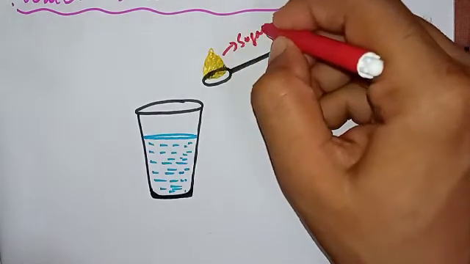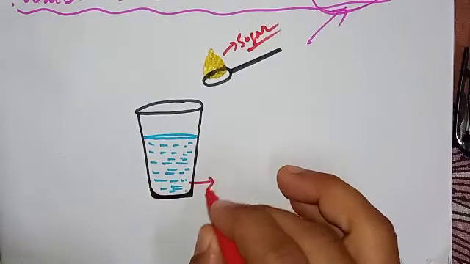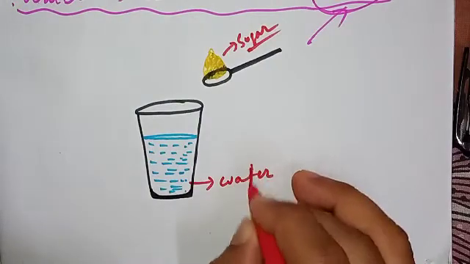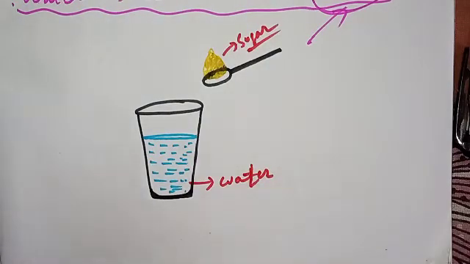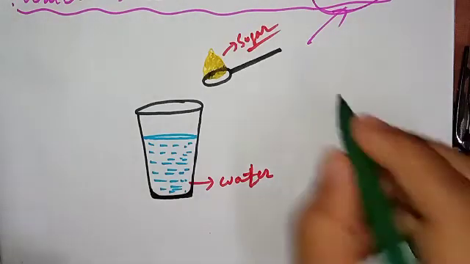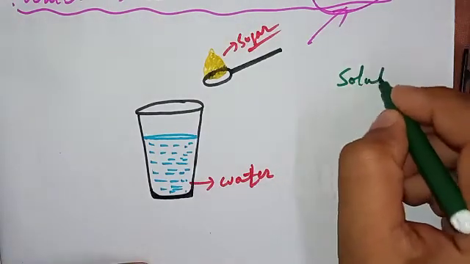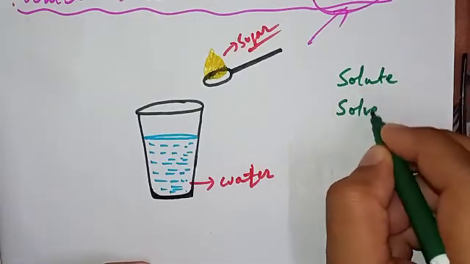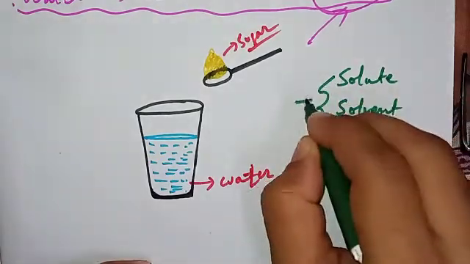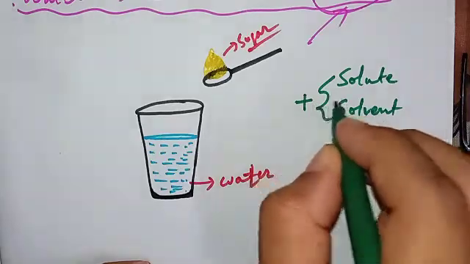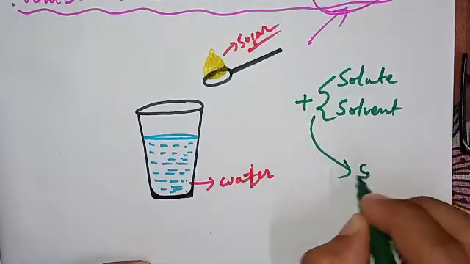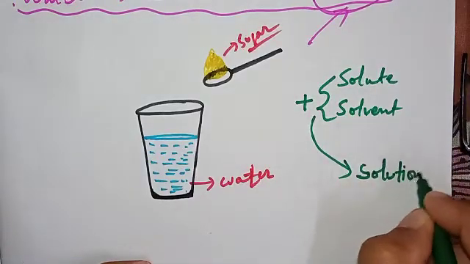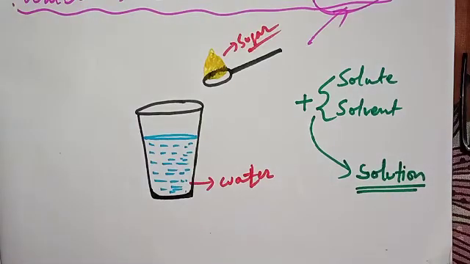This is sugar and this is water. So our motive is to understand these three concepts: solute, solvent, and the result, that is the mixture of these two, is what? A solution.